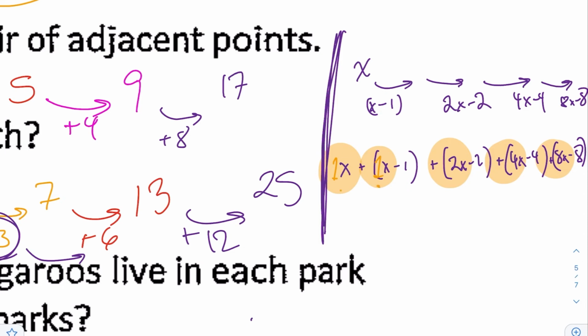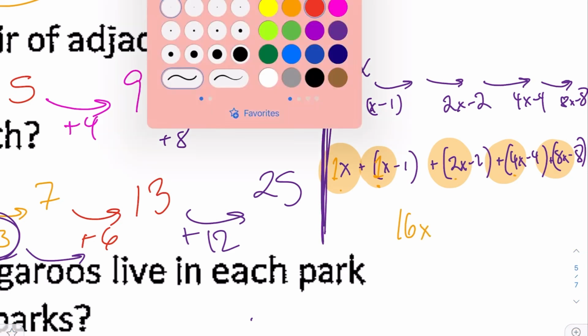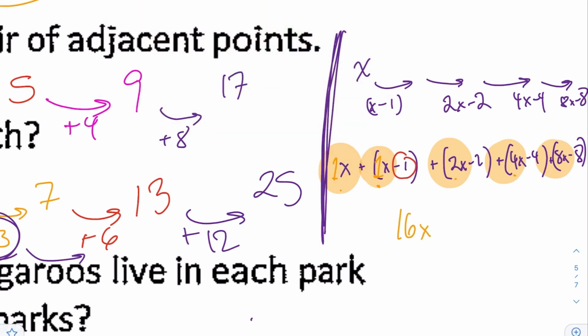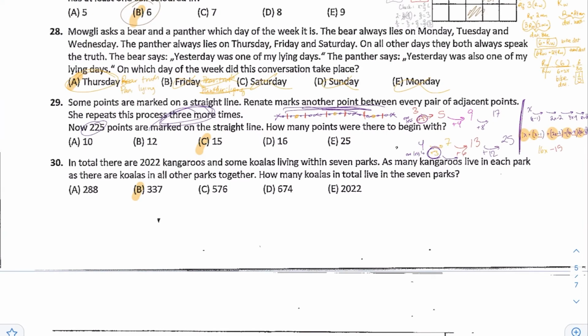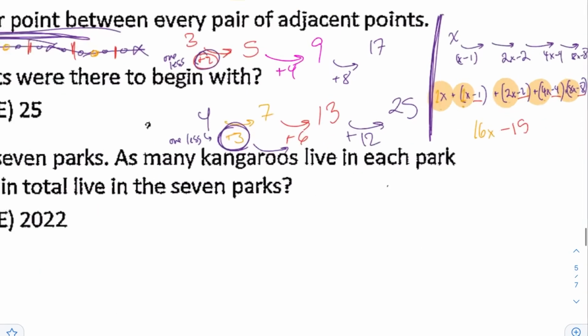So there's 1, 2, 3, 4, and then 8, and then 16. So there's 16x. And for the constants, you have minus 1, minus 2, minus 4, minus 8. So minus 1, minus 2, that's minus 3, then minus 7, and minus 8 is minus 15. And this is equal to the total of 225 points.